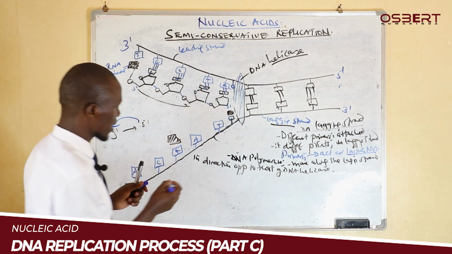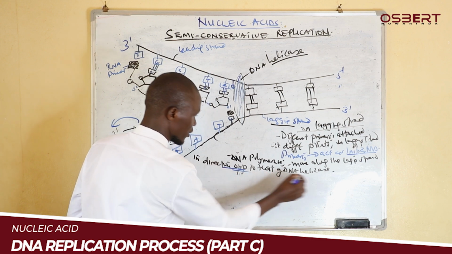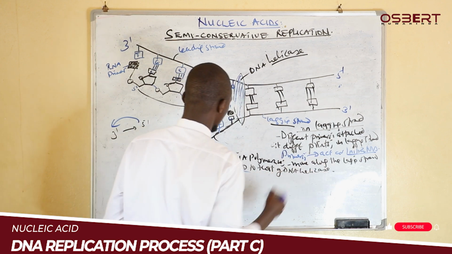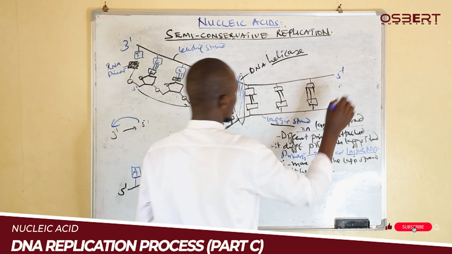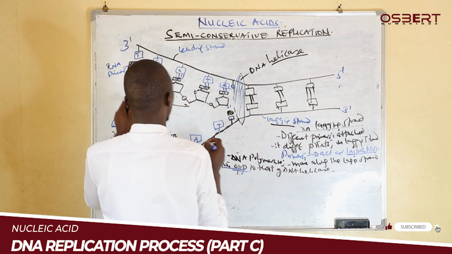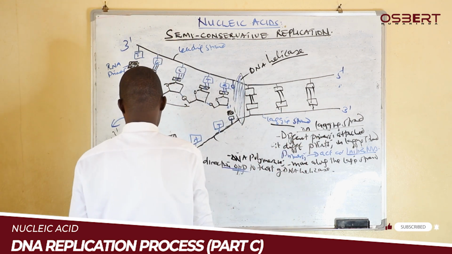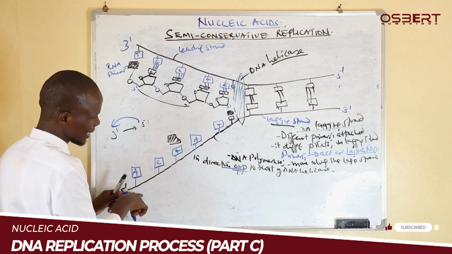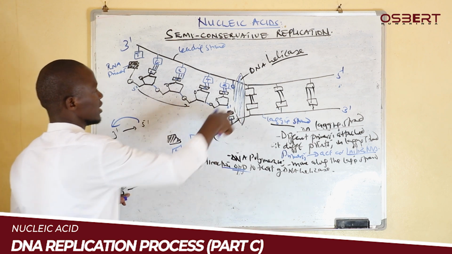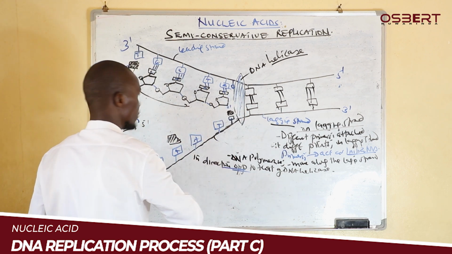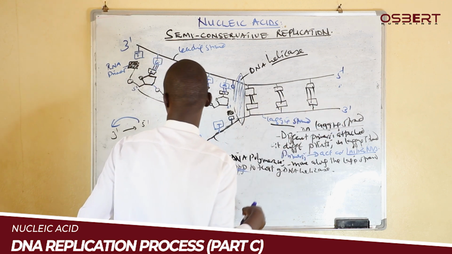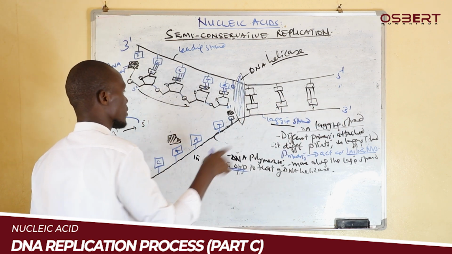That's why we are saying it moves in a direction opposite to that of the helicase, because when you look at the DNA at the lagging strand, DNA polymerase is moving from 5 prime to 3 prime.